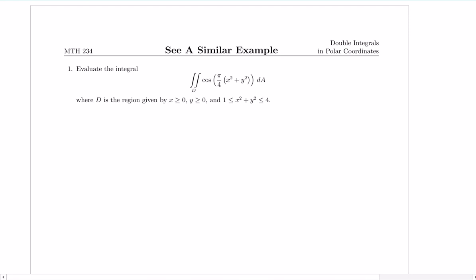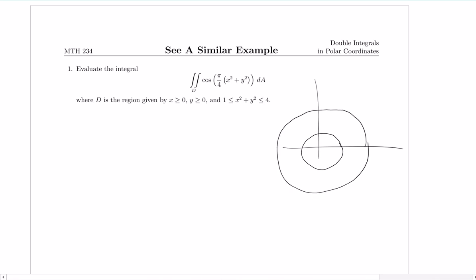So it's described by x and y both being positive, so it's only in the first quadrant, and x squared plus y squared is in between 1 and 4. So x squared plus y squared equals 1 is the equation of the unit circle, and x squared plus y squared equals 4 is the equation of a circle of radius 2.